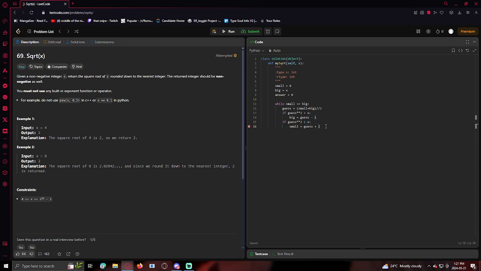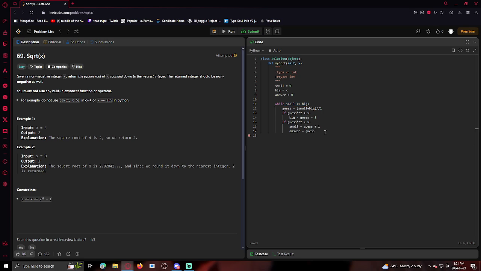But also, just in case, because this could be the biggest integer, we're going to set the answer equal to guess, just in case we never go in this if statement again, and every number bigger than this is always over here. And if these two are equal to each other, then this while loop will break, right?